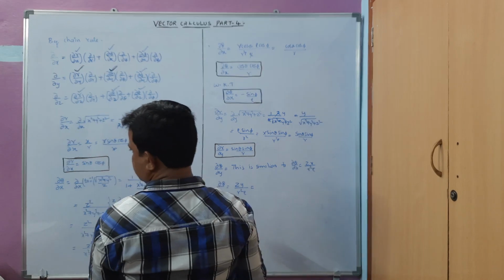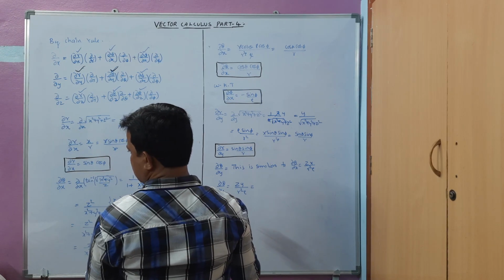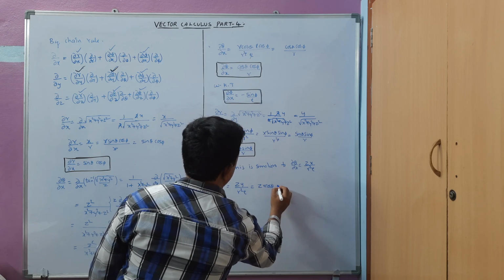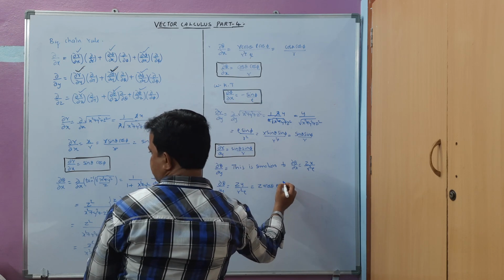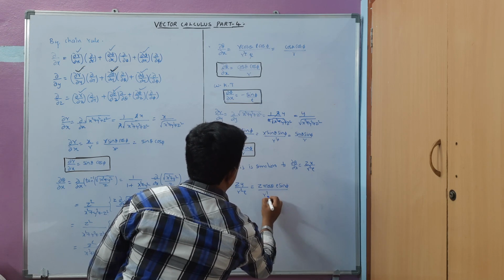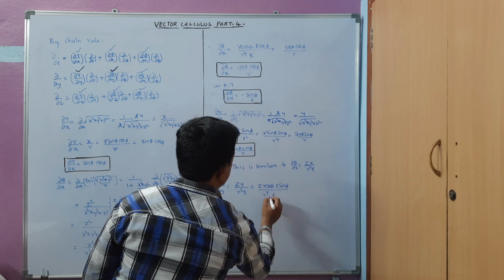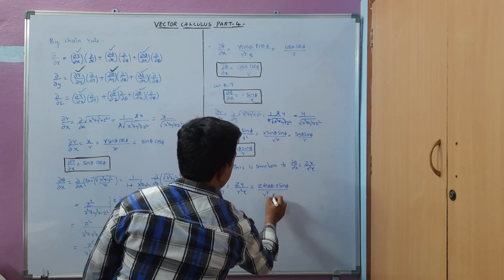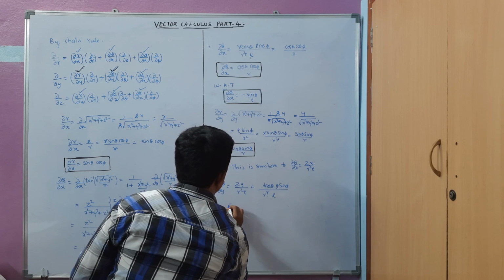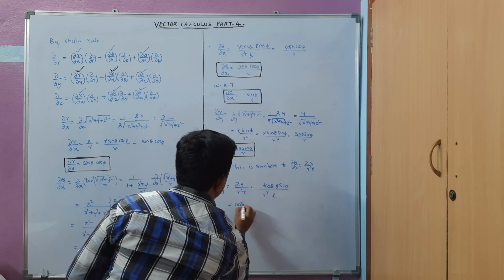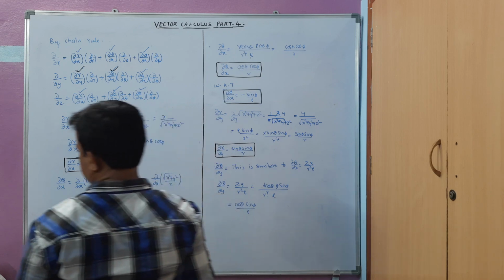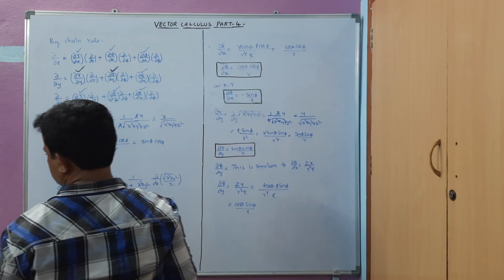z is equal to r cos theta, and y is equal to rho sin phi, I can write here. Next by r square into rho, I can cancel one r and rho, so I get here cos theta sin phi by rho.